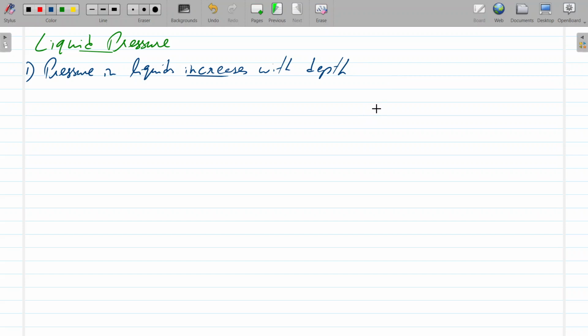Why is that? Because the more the depth, the more the column of water above, which means the more the weight of the liquid.